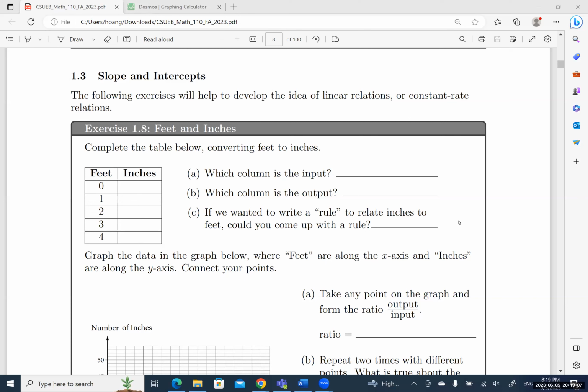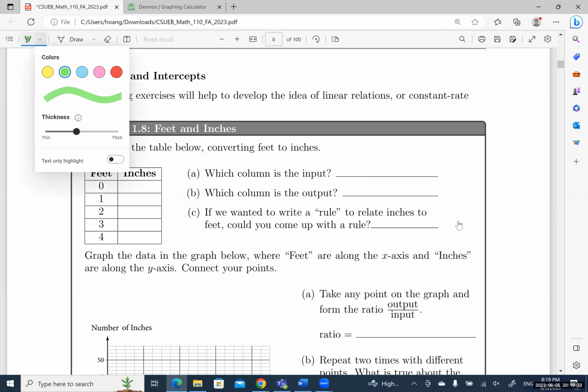Because we are coming to 1.3 slope and intercepts. So let's go ahead and work on the exercise 1.8. In this section, we mostly are going to talk about slope, and the second one is intercept.